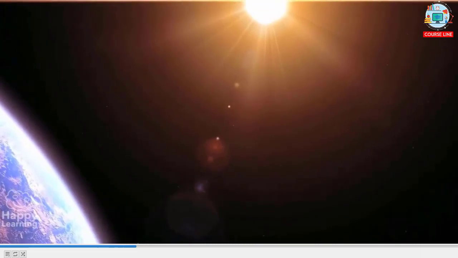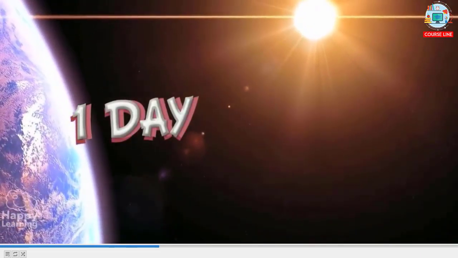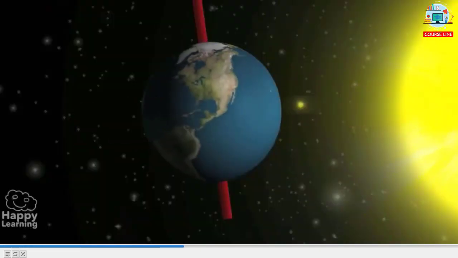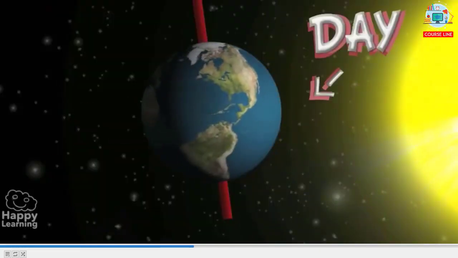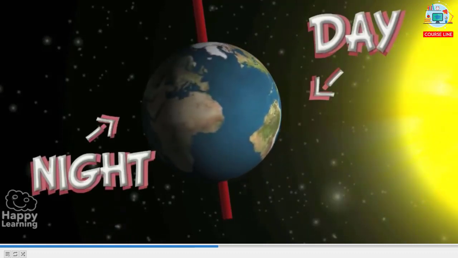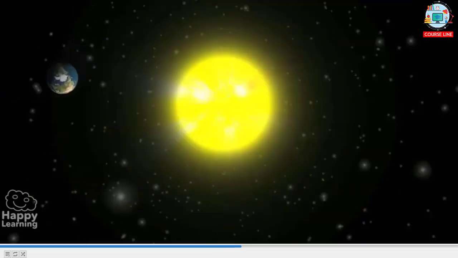It is 24 hours. 1 day is equal to 24 hours. The part of the Earth which receives sunlight is having day and the other half is having night.